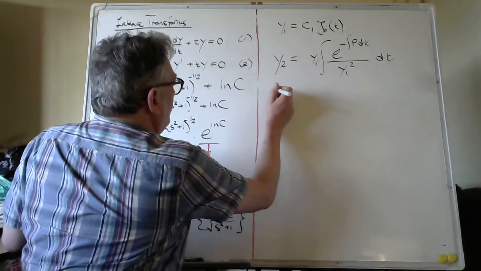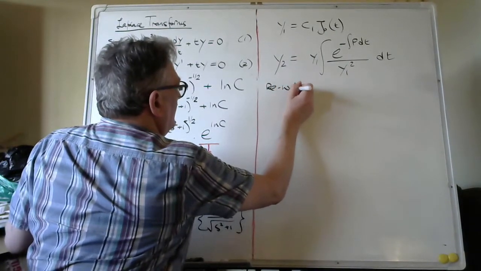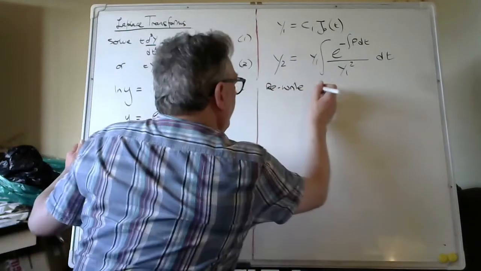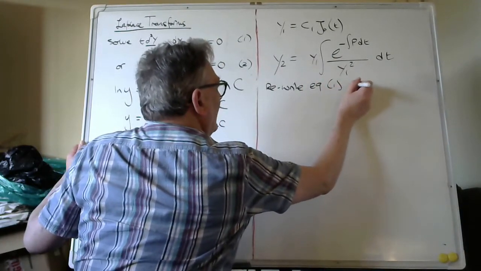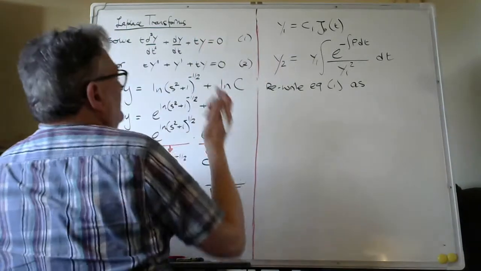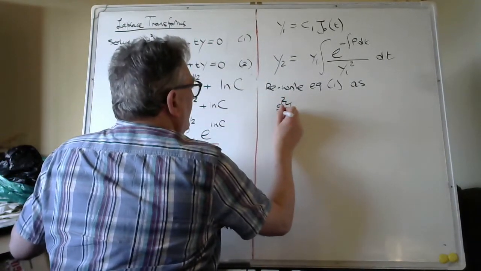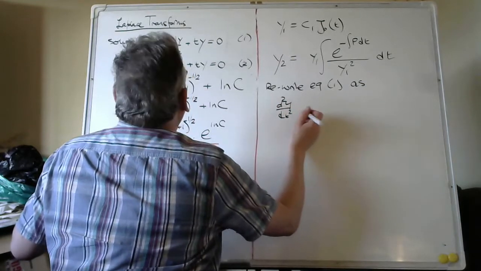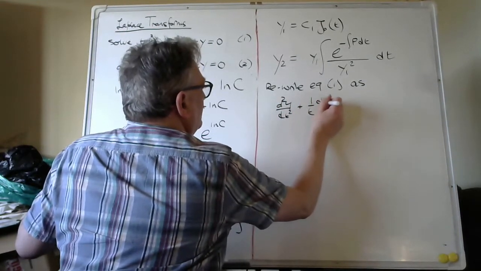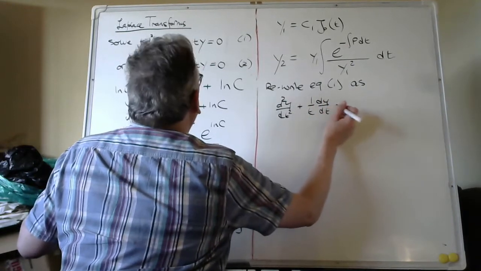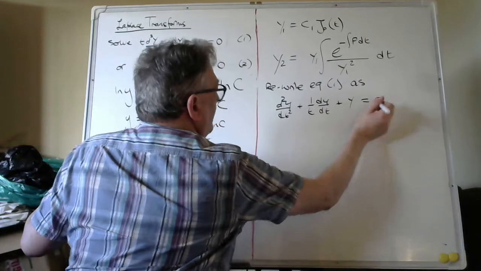So if we rewrite equation 1, or we could rewrite equation 2, it doesn't matter, we've got d squared y by dt squared plus 1 over t dy by dt plus y equals 0.